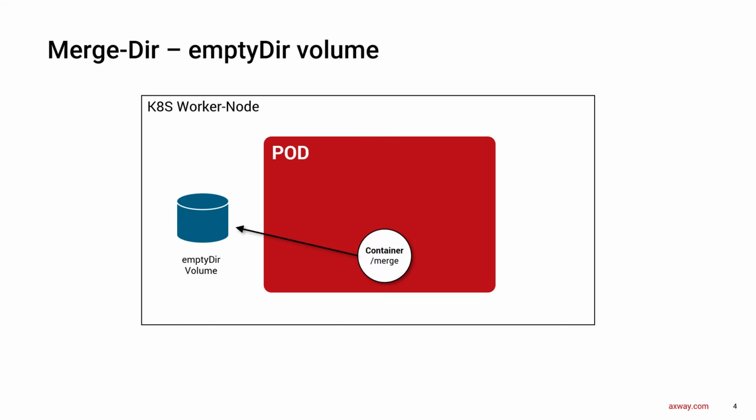That's why the name. And the good thing is now that we can just use init containers and mount the same volume into these init containers. And then you can do anything you want in that init container, and you can pull your configuration from somewhere. You can run a script to modify a file or anything. And with that, we can set up our configuration as we need it in that merge directory.